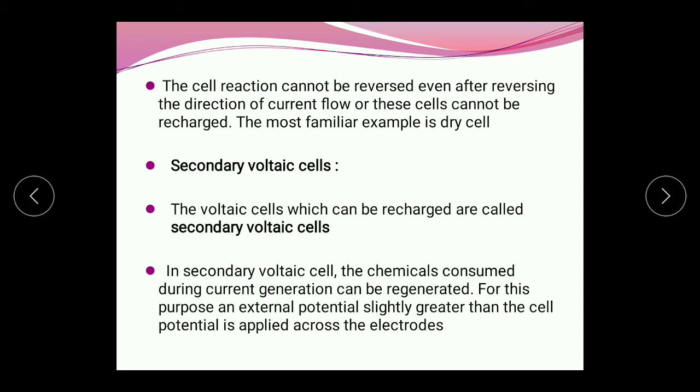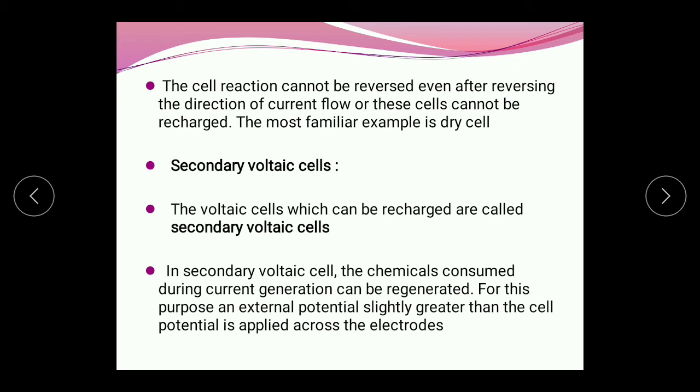Because for current generation, as you know, we require chemicals. Then only the redox reaction will take place and that redox reaction will give you electricity. Hence, during discharging, the chemicals are consumed, and after complete usage of those chemicals, the reaction stops.